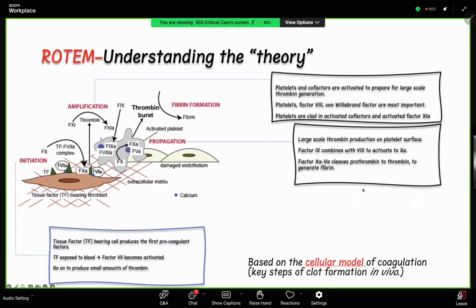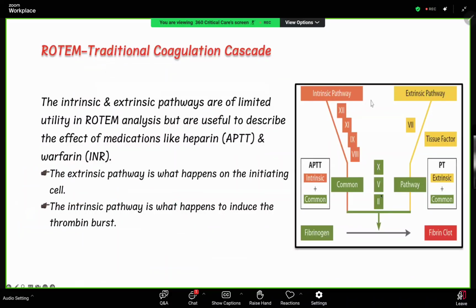In the common pathway, sorry, factors 2, 5, and 10. In the intrinsic pathway, you have factor 8, 9, 11, and 12. And in extrinsic pathway, you have majority factor 7. So the common pathway leads to formation of fibrinogen and then fibrin clot. So this is the usual concept of coagulation that you guys know.